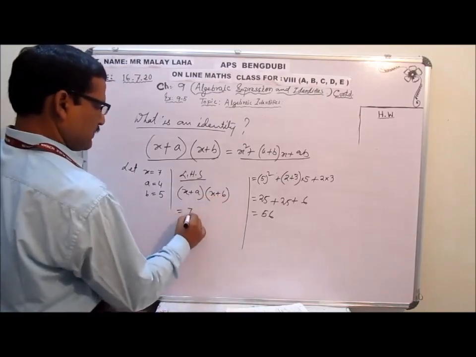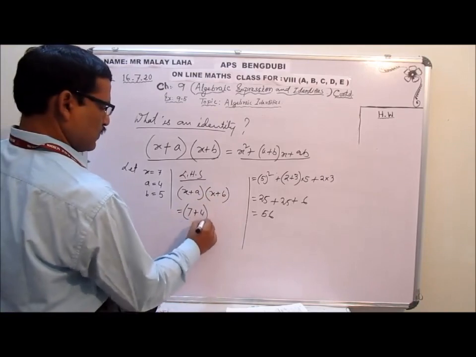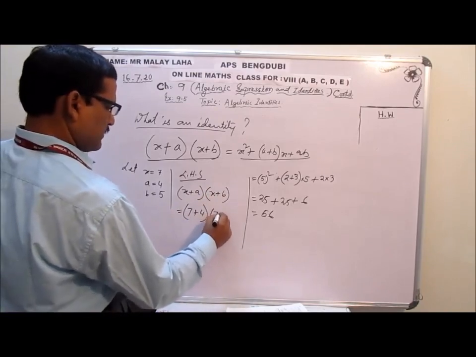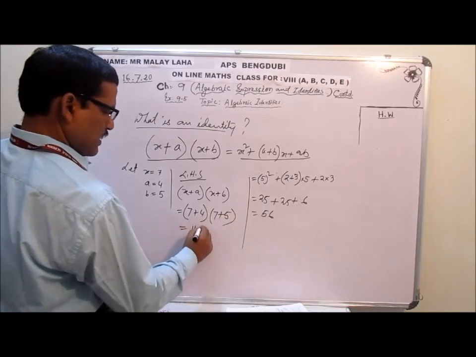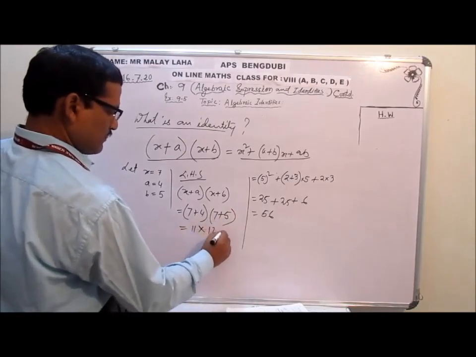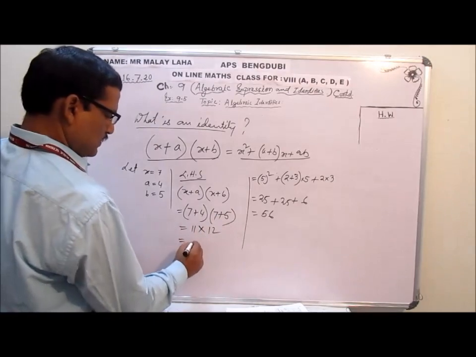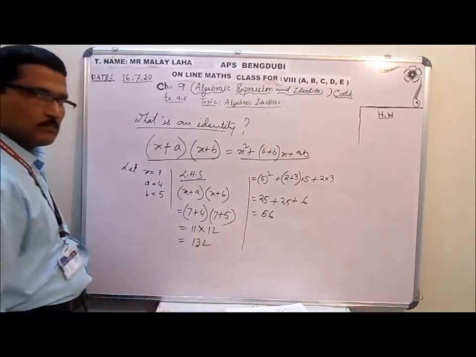So x is 7 plus a is 4, into x is 7 plus b is 5. 7 plus 4 is 11, into 7 plus 5 is 12. 11 into 12, how much? 132.